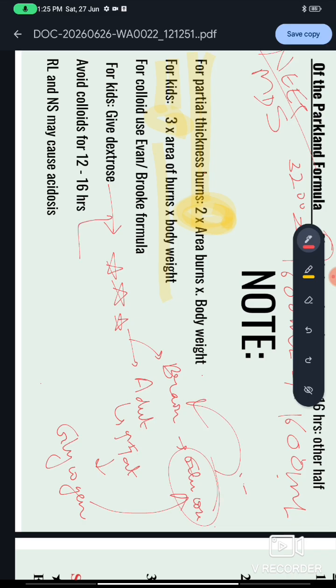However, in children, fat is less, so glycogen cannot be formed, and this thing cannot happen in children. So to compensate and to avoid brain starvation, glucose is given during the first 8 hours. This is very much important.